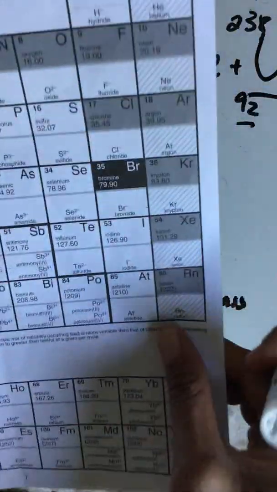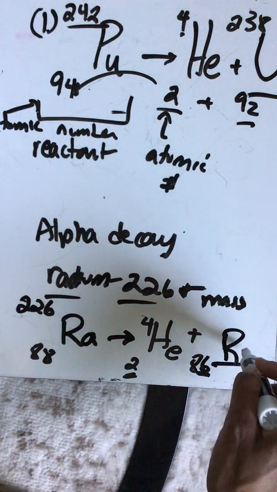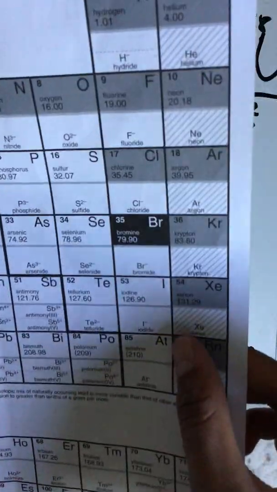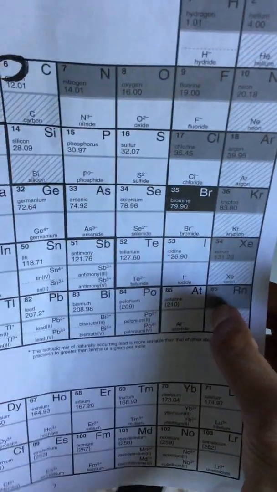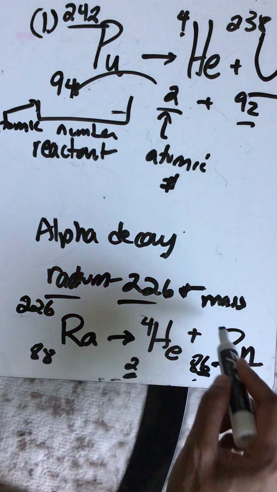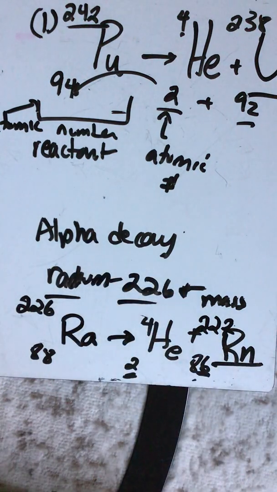Oh, here it is, right here. Radon. Radon is 86 right here, and that's 2. And so what would be the mass? It would have to be 222. 222 plus 4 gives you 226. And that's how you do that alpha decay.